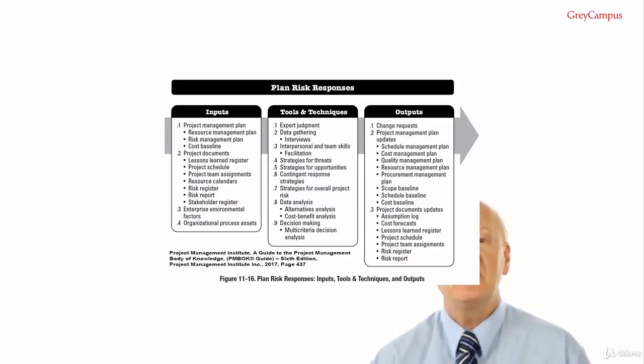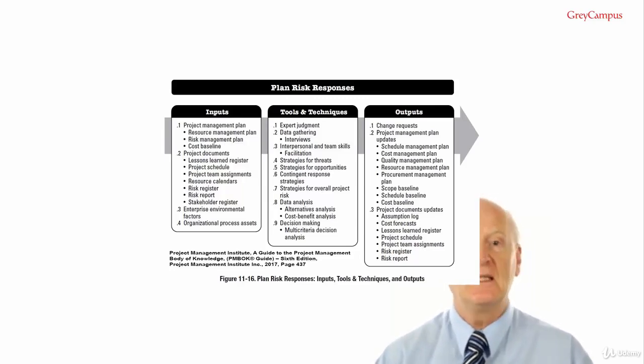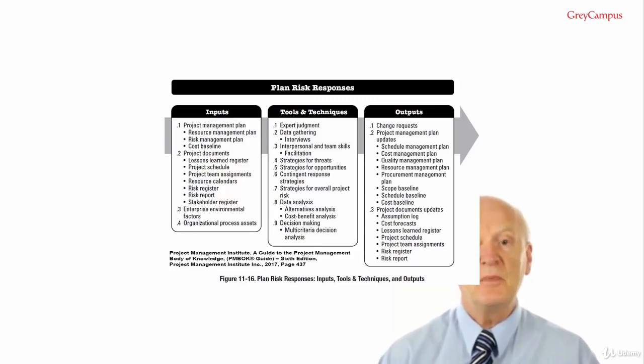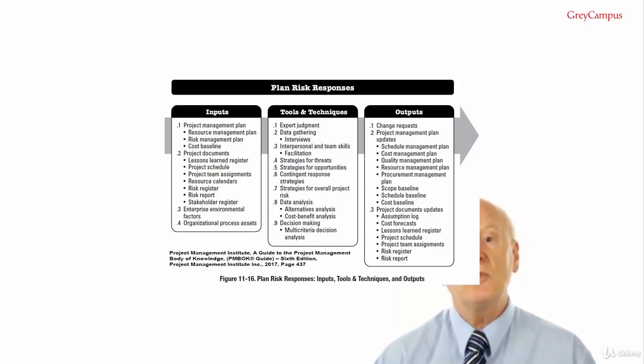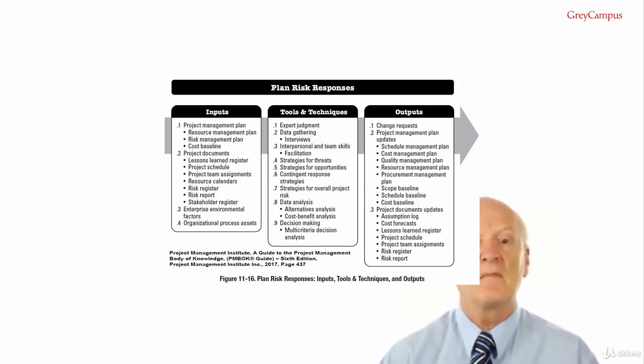Tools and techniques: contingent response strategies. Some responses are designed for use only if certain events occur. For some risks, it's appropriate for the project team to make a response plan that will only be executed under certain predefined conditions, if it is believed that there will be sufficient warning to implement the plan.